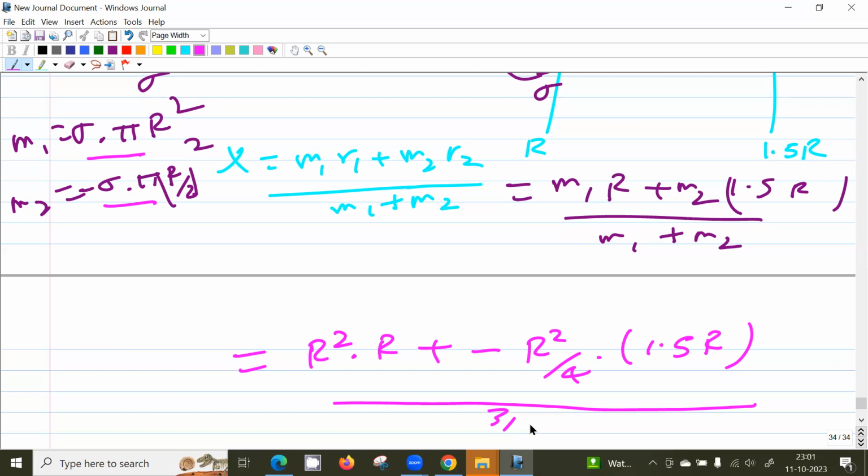Okay, so conservation of angular momentum, like linear momentum is conserved. Linear momentum is m into v. So when there's no external force, when the external force acting on the system is zero, then momentum is conserved.